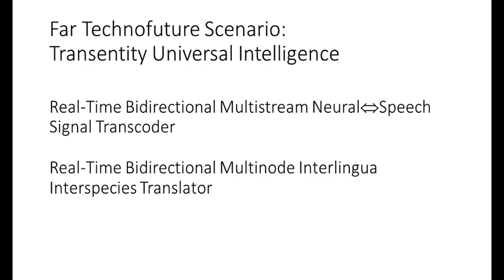The second being a real-time bidirectional multi-node interlingua interspecies translator. This system would allow immediate and distance-agnostic conversations between two intelligent species without having to learn the language of the other.